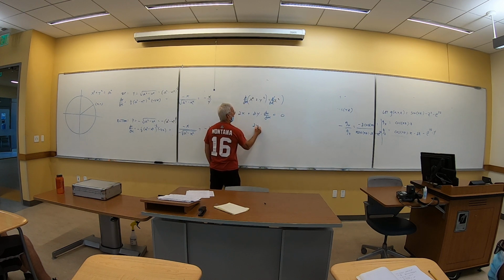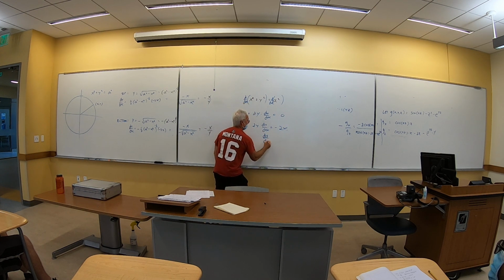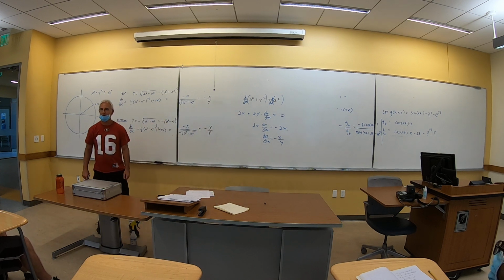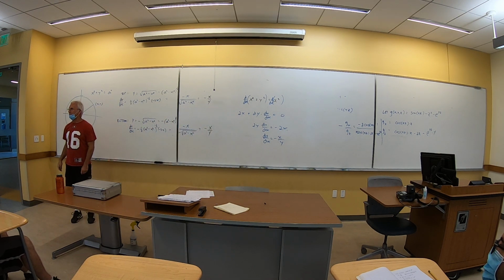Oh, okay, so 2y dy dx equals negative 2x. So dy dx equals negative x over y. Good thing?